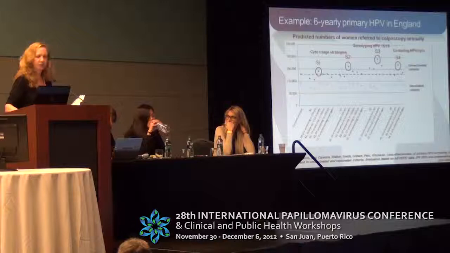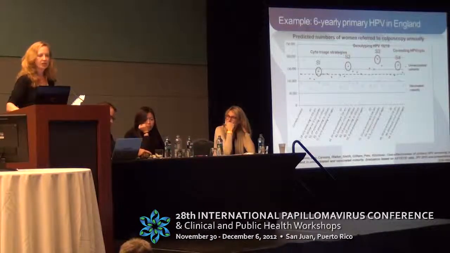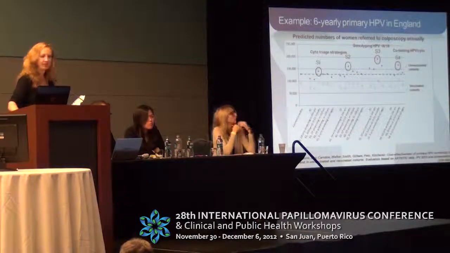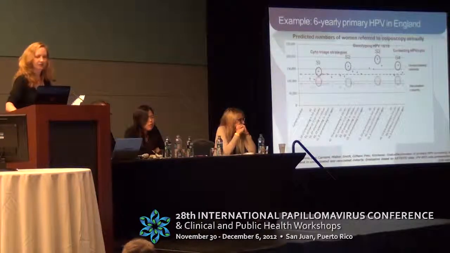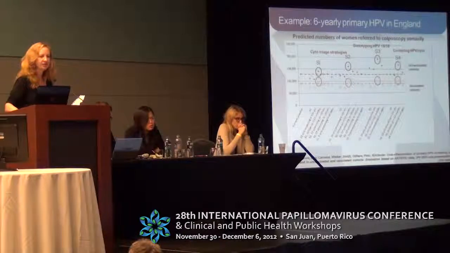The line shows current practice, and you can see that for a range of HPV-related strategies, we expect an increase in colposcopy referrals in unvaccinated cohorts of between 10 and 50%, with the highest increase observed if we actually refer HPV 16, 18 positive direct to colposcopy. But importantly, this is likely to change in vaccinated cohorts as HPV 16 and 18 is depleted. And you can see in this situation, we have only a marginal increase in colposcopy referrals, and genotyping becomes a much more efficient strategy.